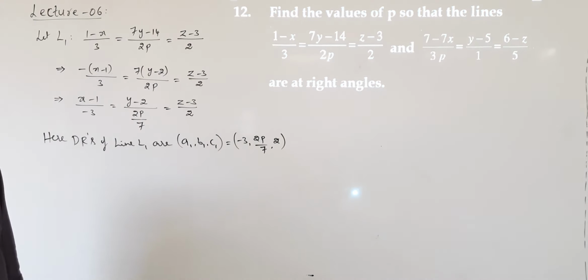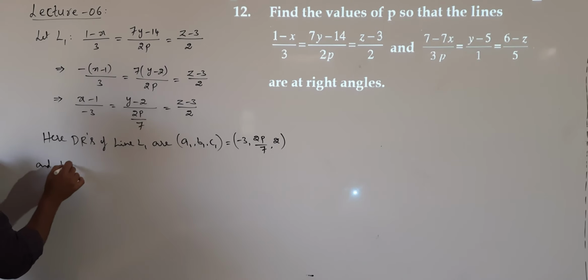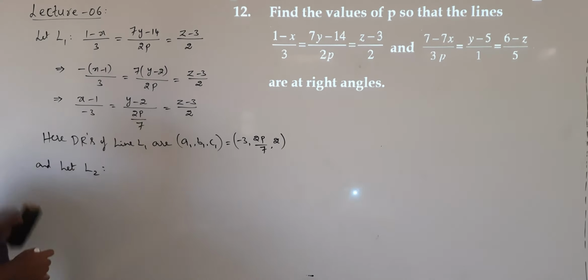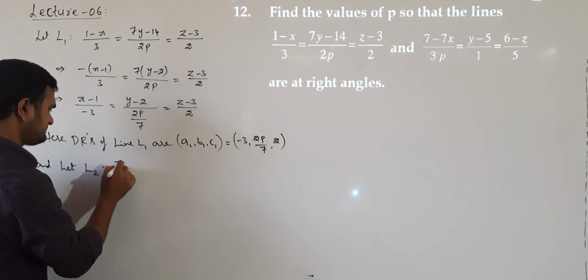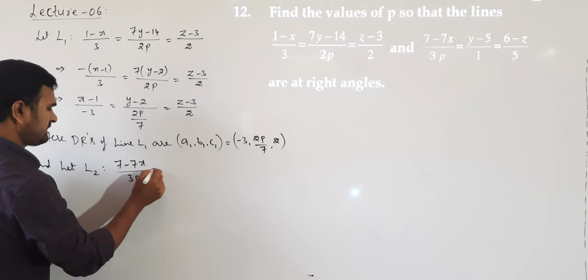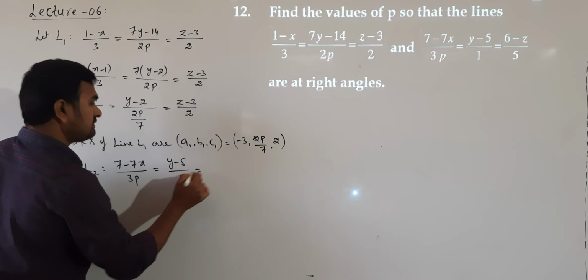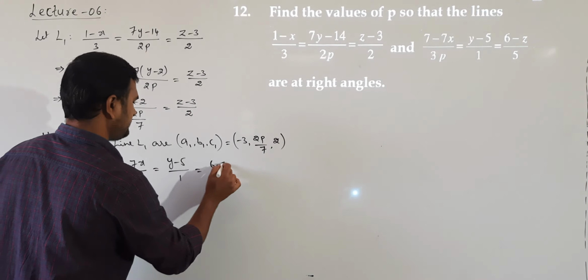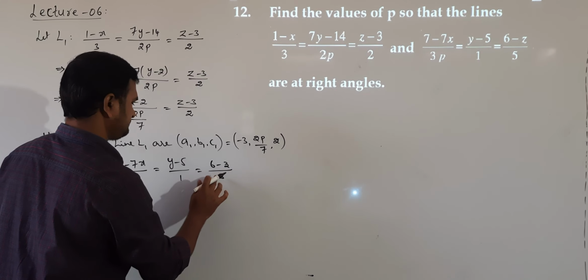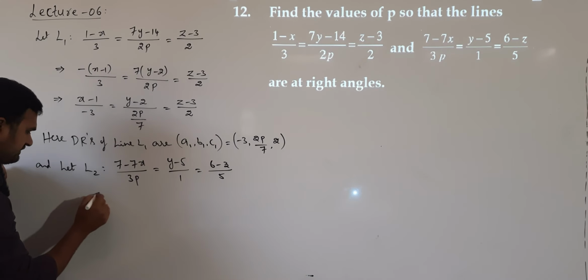Next, consider the second line. It is also not in standard form. Let L2 be the second line: (7 minus 7x) divided by 3p is equal to (y minus 5) by 1 is equal to (6 minus z) by 5. Simplify it to standard form.